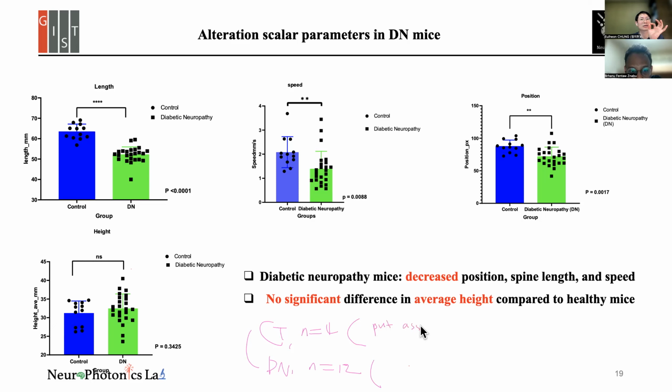Assign different colors to the same animal, so that we can see how much variation there is. Or also, instead of this, you have a mean of 4, a mean of 12. Can you put that too?